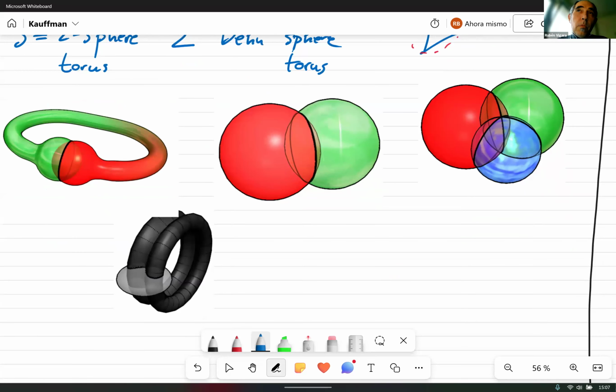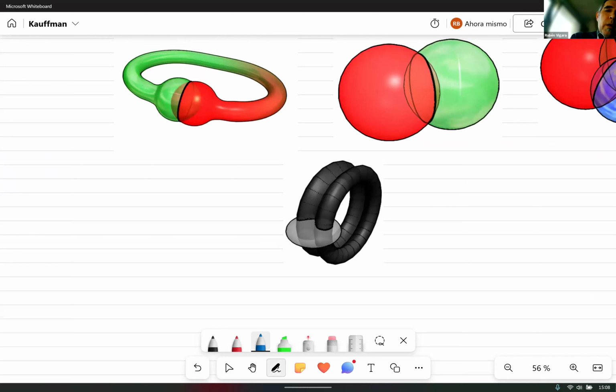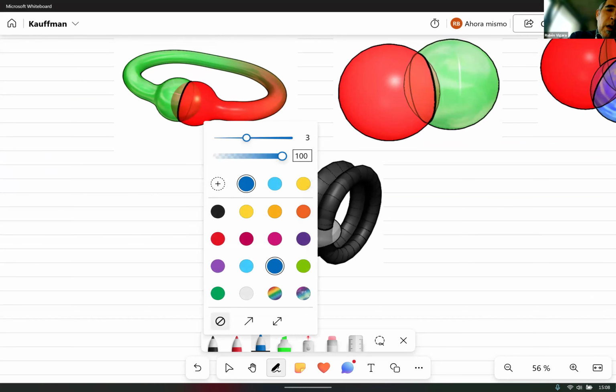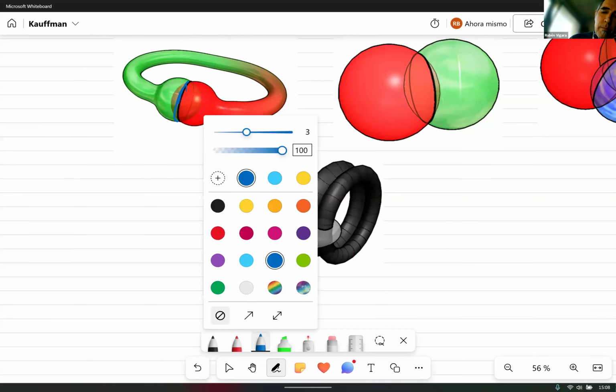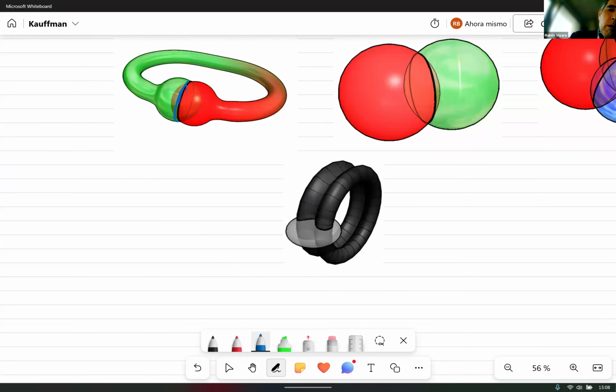Okay. And when we consider in the surface the inverse image of the double curves, so for example, here in this example, we say that there is only one double curve here.